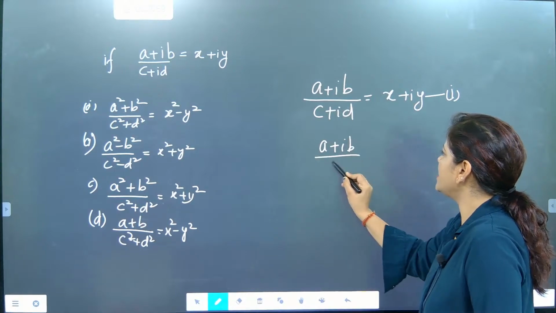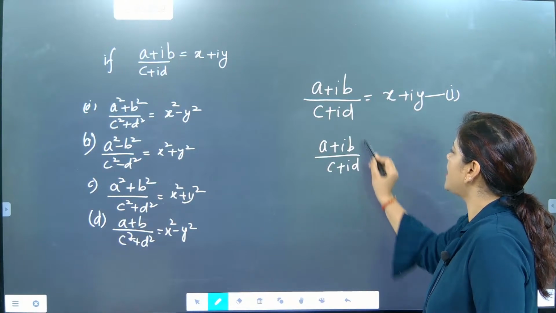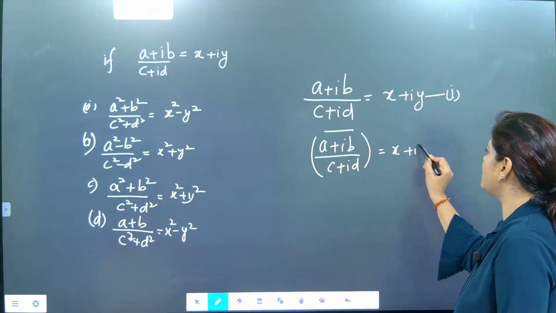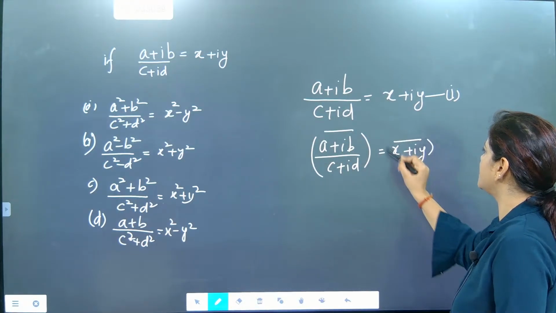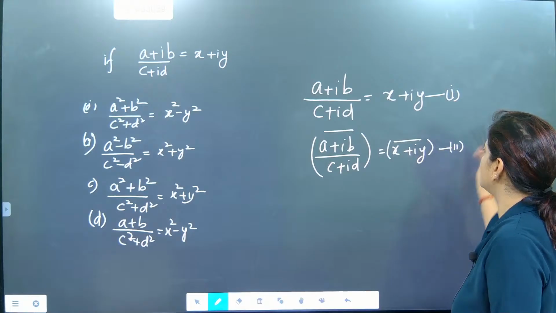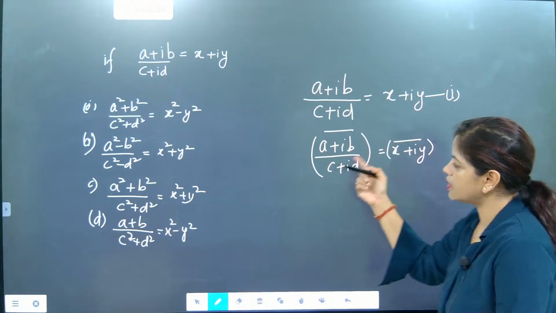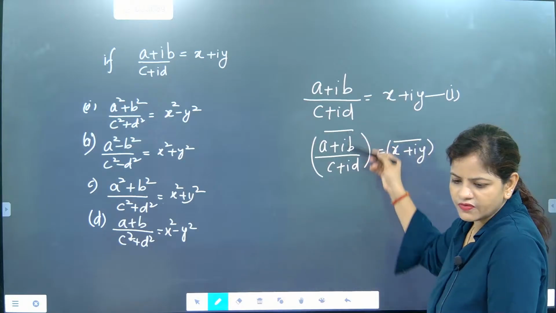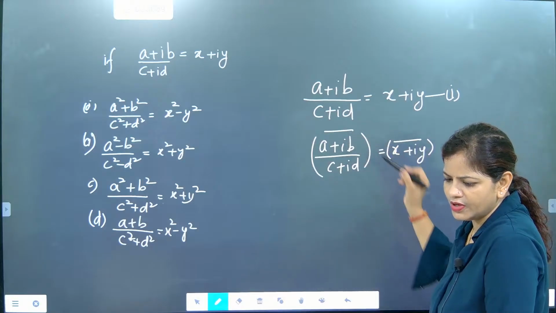When you are applying conjugate on both sides, here also x plus iy, apply conjugate, beta. So this will become your equation 2. Right now don't write equation 2. Conjugate means distribution of conjugate will be there. So here the conjugate will be distributed in numerator and denominator both.